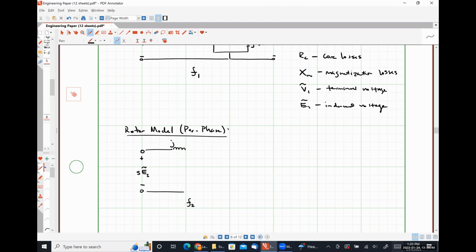some reactance, jsX2, in series with some resistance R2, where E2 is the induced rotor voltage, R2 represents the rotor resistance per phase.